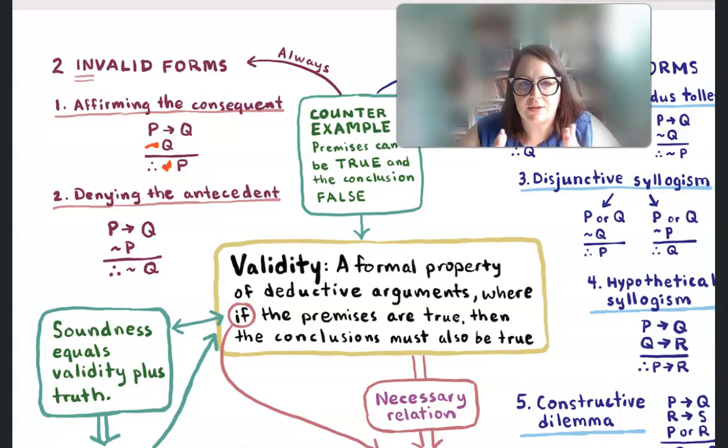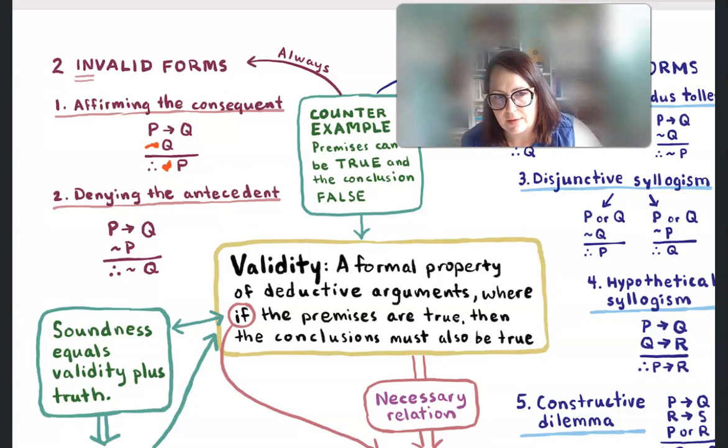When we're affirming the consequent, right, we're paying attention to the direction of the arrow. And so the arrow says, if P, then Q. So if it's raining, then the streets are wet. Q says, the streets are wet. Can you derive from that it rained? That's P. So is it possible for the streets to be wet, but it didn't rain? Yes.